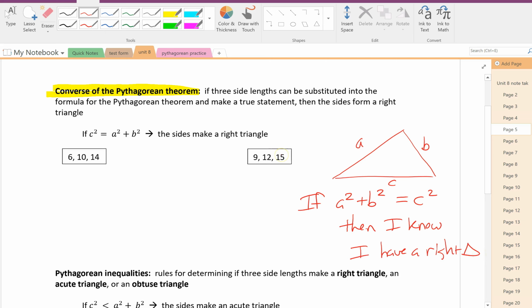So what that allows you to do basically is plug numbers in, and I have a couple of examples here that we'll do, to see whether those three sides could possibly make a right triangle or not.